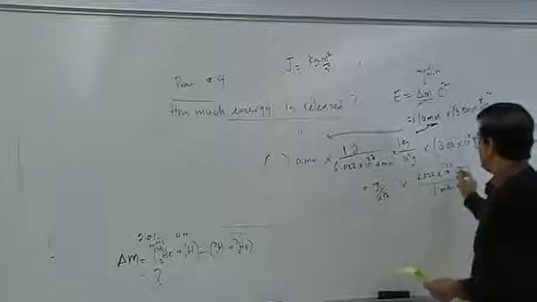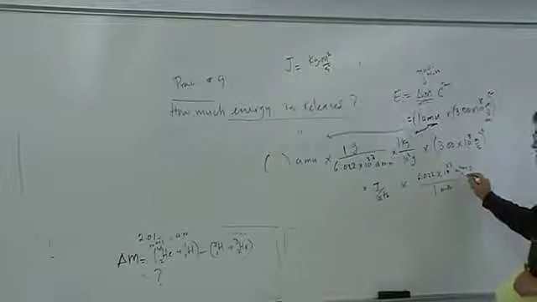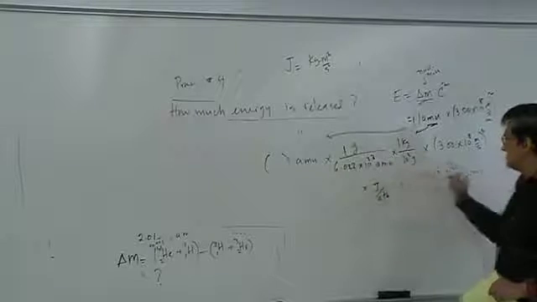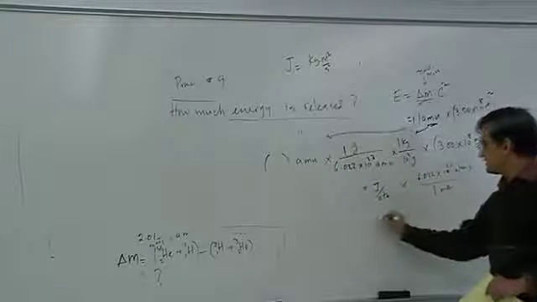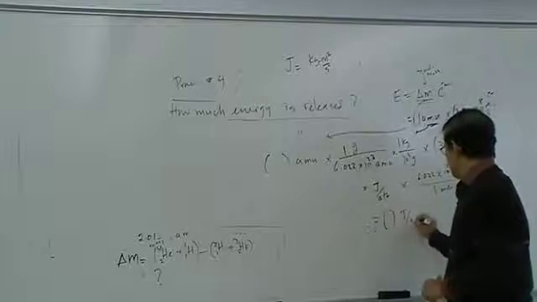So basically, you can save your time. Here Avogadro's number is on the top, here Avogadro's number is on the bottom, so you can cancel out and get your final answer in joule per mole.